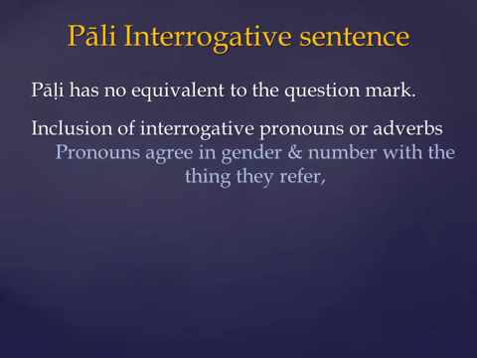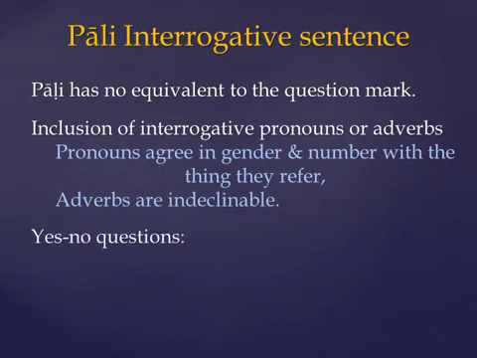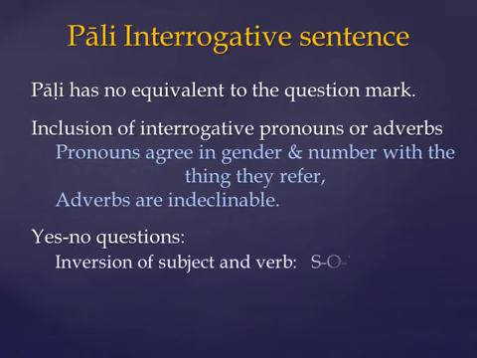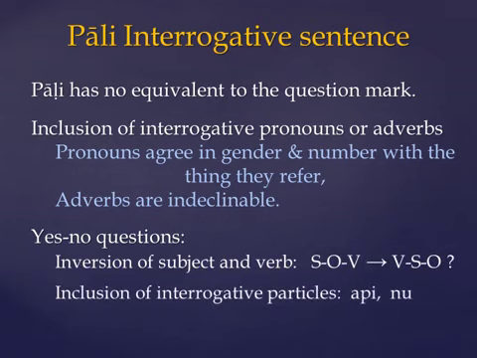And we've seen that pronouns agree in gender and number with the thing to which they refer, which is generally what the question is about, whereas adverbs are indeclinable and ask for more information about the action of the verb. Also, yes and no questions can be formed by inversion, which is essentially placing the verb first in the sentence. And finally, questions can be formed by the inclusion of the interrogative particles api and nu.